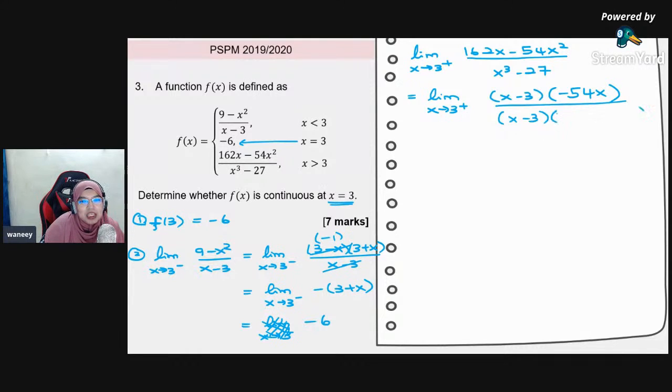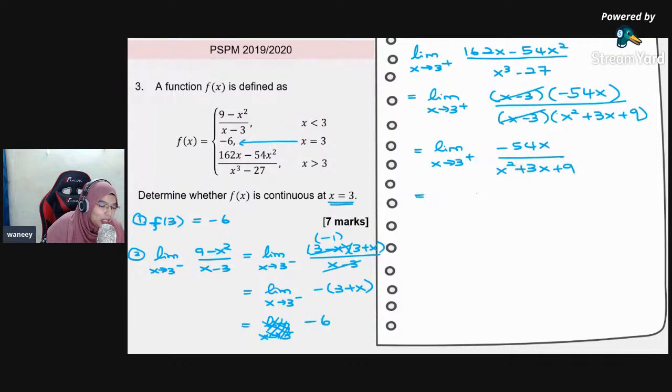Okay, so satu lagi. Buatlah long division. So buat long division, nanti kita akan dapat X square tambah 3X tambah dengan 9. Nanti cancel. So kita akan dapat this is actually the limit for X approaches 3 on the right hand side of negative 54X over X square plus 3X plus 9.